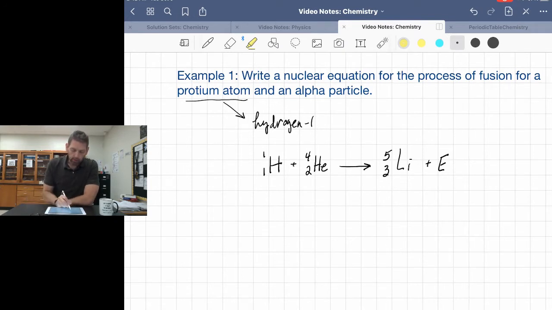Well, if we look across the top, 1 plus 4 is 5, check. And then 1 plus 2 equals 3, check. All particles are accounted for. All the mass, all the protons, there are no leftover parts, and so this right here is our balanced nuclear equation for protium and an alpha particle fusing together.